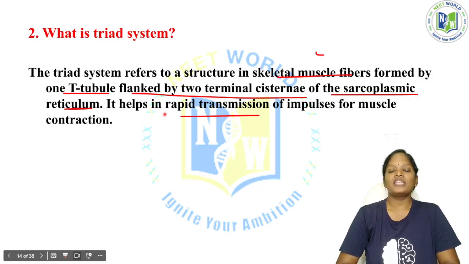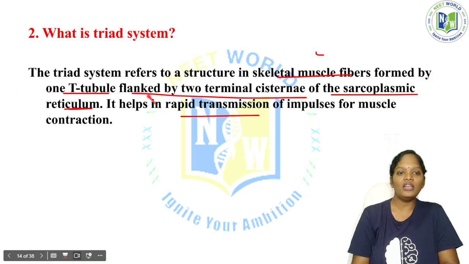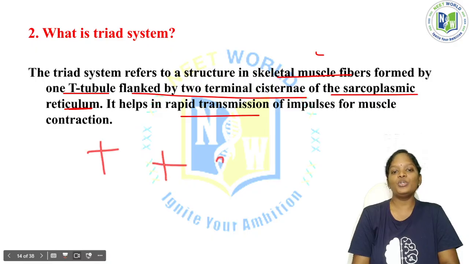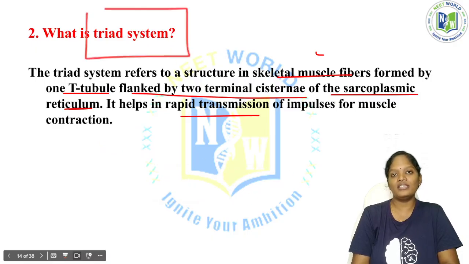The structure of the endoplasmic reticulum is a group of cisternae. Here also the triad system is formed by a T-tubule plus two terminal cisternae. Together it is three. So that is what the triad system is.